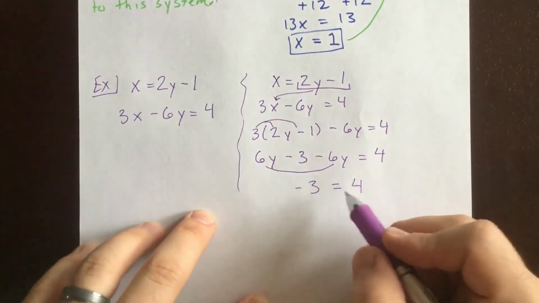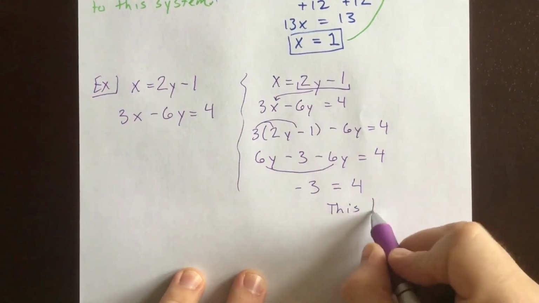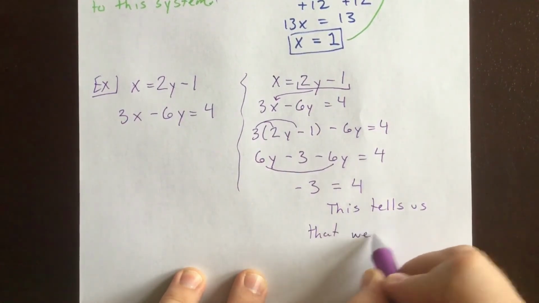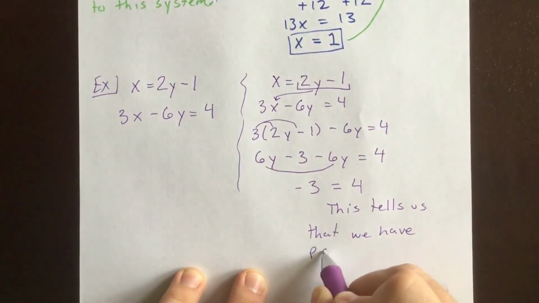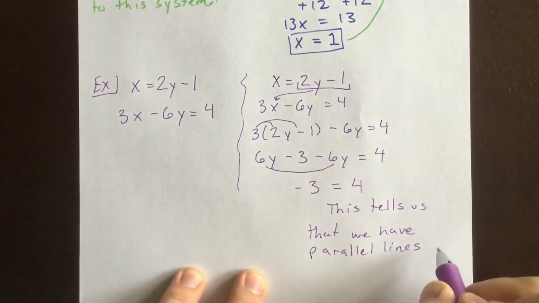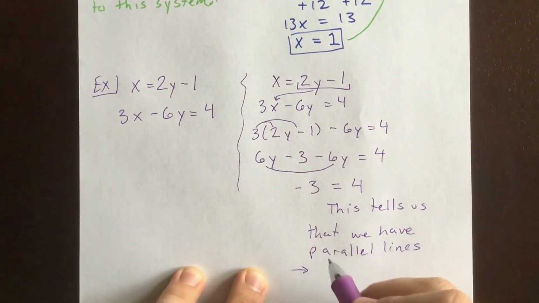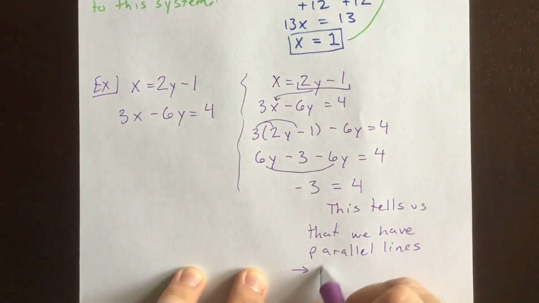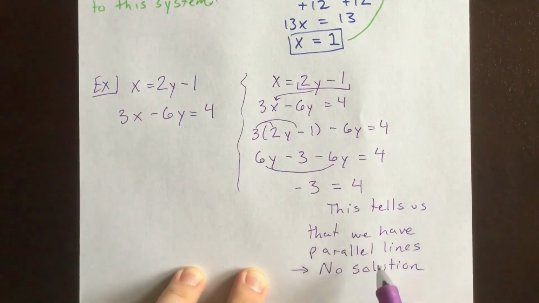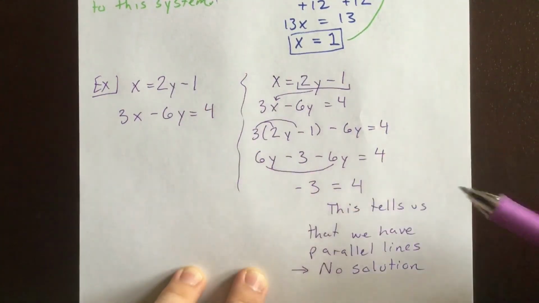So there's no x equals, there's no y equals. This is unique. This tells us that we have parallel lines, which from the previous video, if you haven't watched it yet, you'll find in the graphing method video. This tells us that there's no solution to the system, that we will be unable to find a point that satisfies both equations.